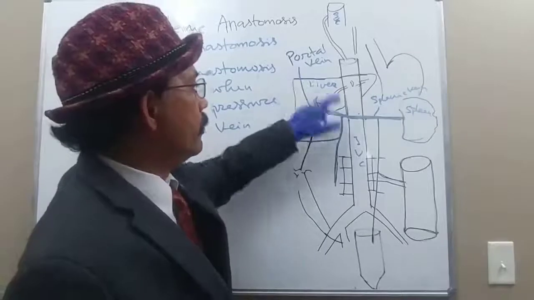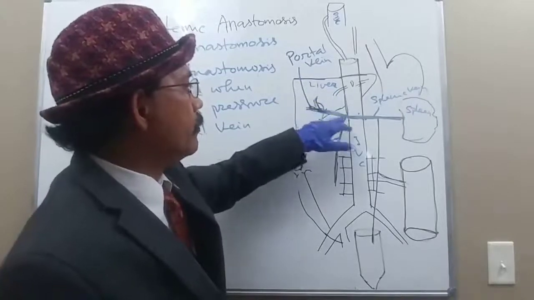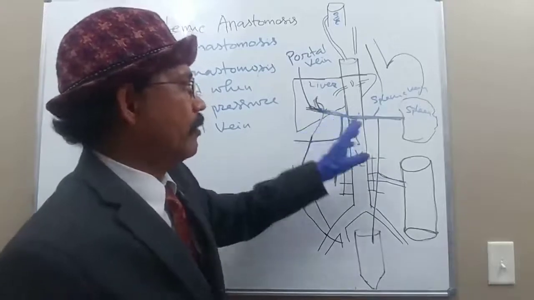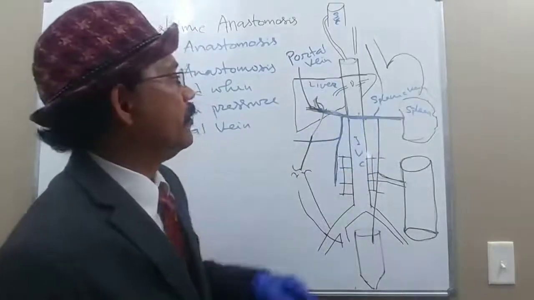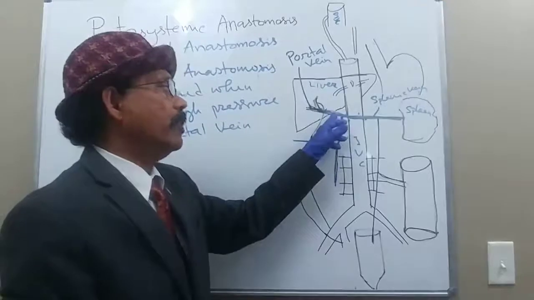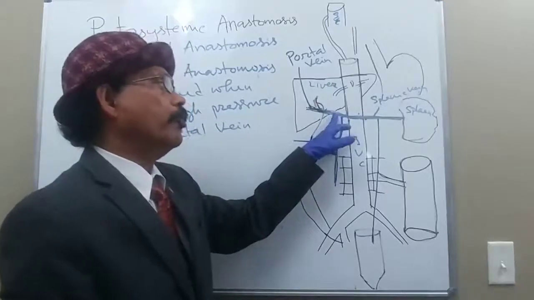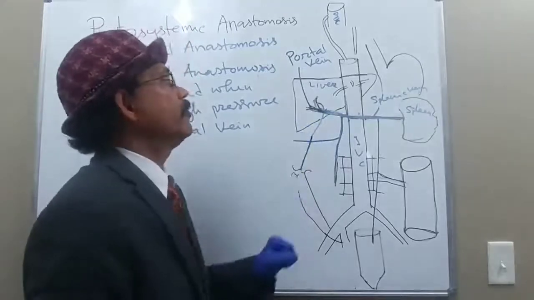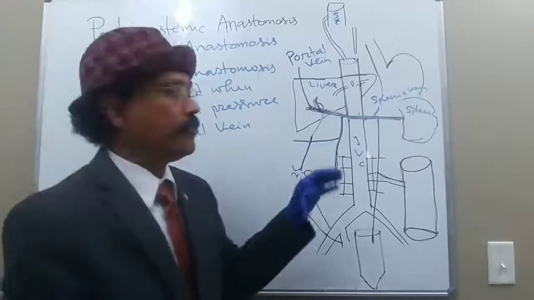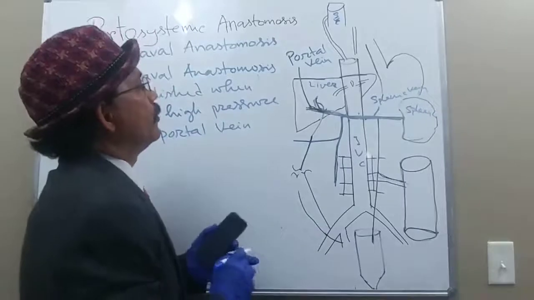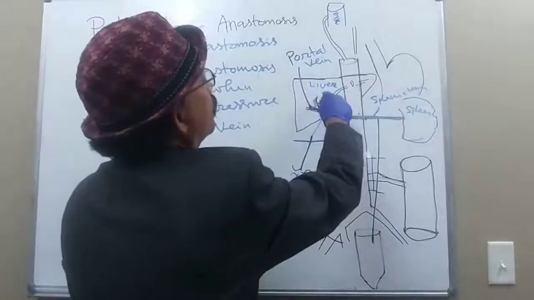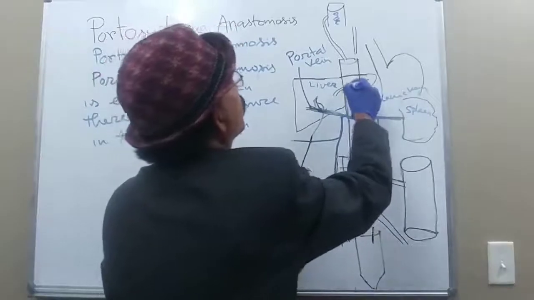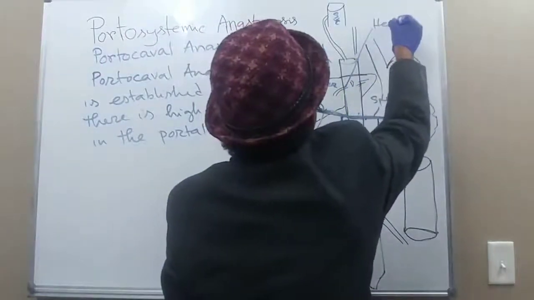These are carried from the GI tract to the liver by the portal vein. This blood is rich in nutrition but poor in oxygen. It also contains some toxic substances that need to be metabolized in the liver. After metabolism, the blood should return to the inferior vena cava by means of hepatic veins.